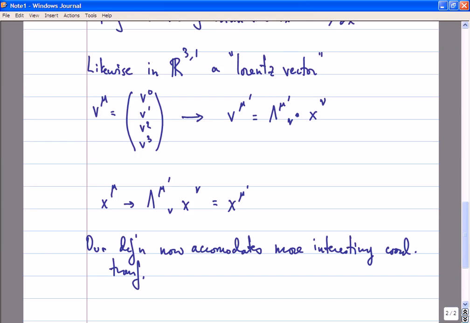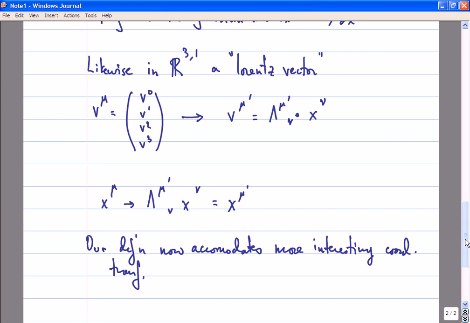So now we know that the components of a vector transform not just by the multiplication by a rotation matrix under a rigid rotation of the axes of flat space, but they transform by the multiplication by this Jacobian matrix, the matrix of partial derivatives, under a more complicated coordinate transformation.